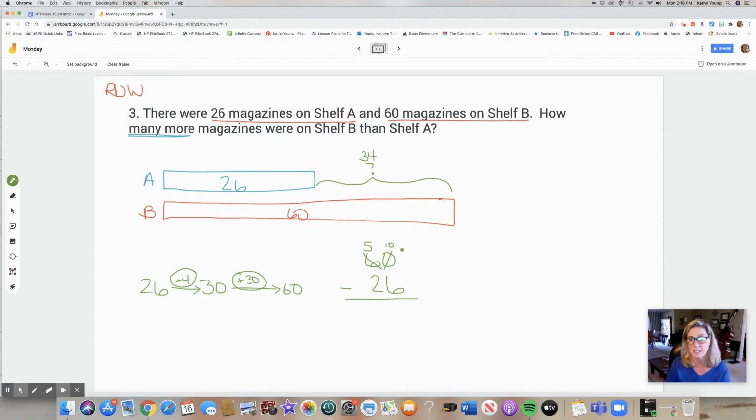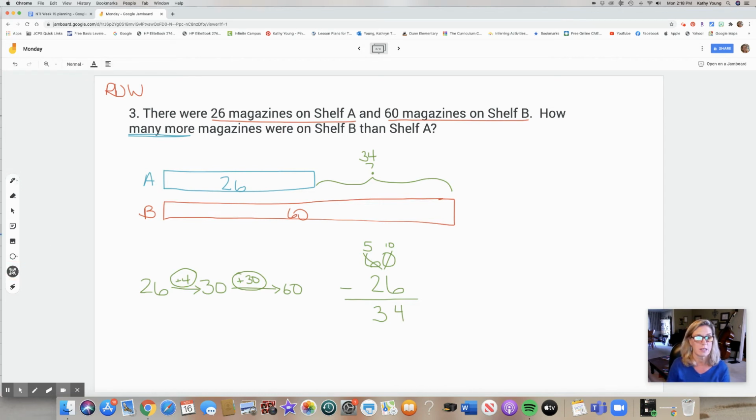So now it still equals 60. 5 10s plus 10 1s still equals 60. I didn't take anything away. I just made it look different. So now I have 10 minus 6, which is 4, and 5 minus 2, which is 3. I got the same answers I did using the arrow method, whichever way works for you.